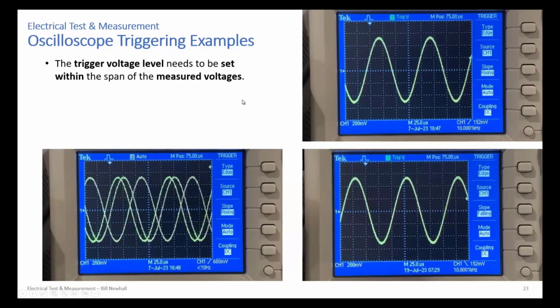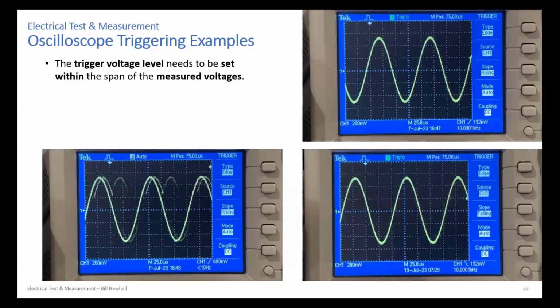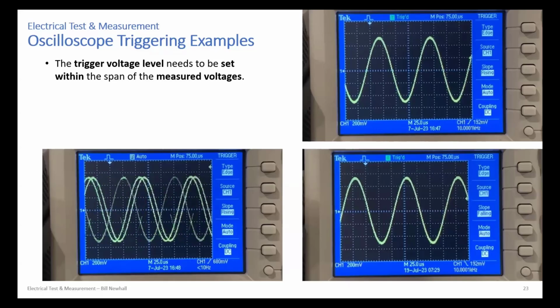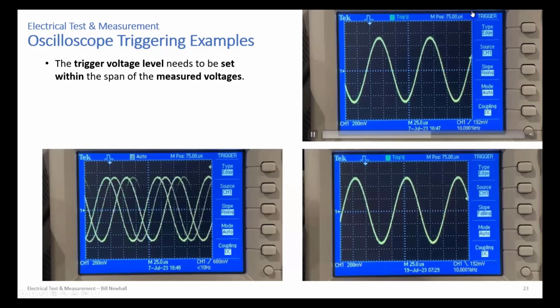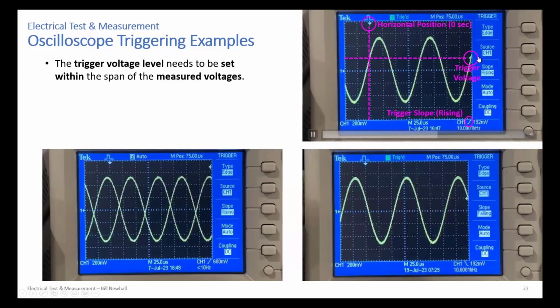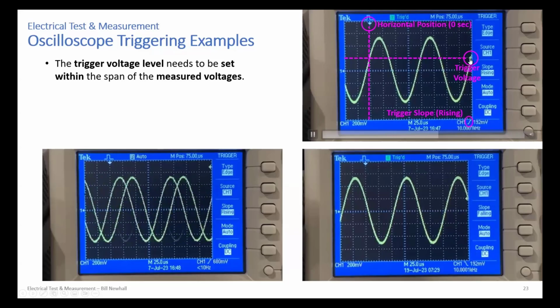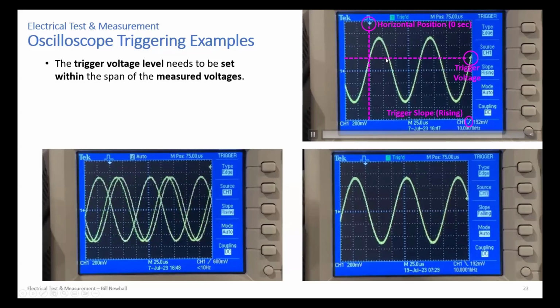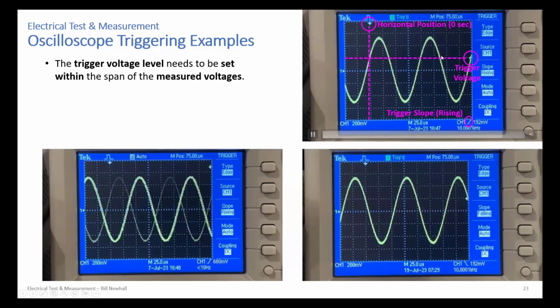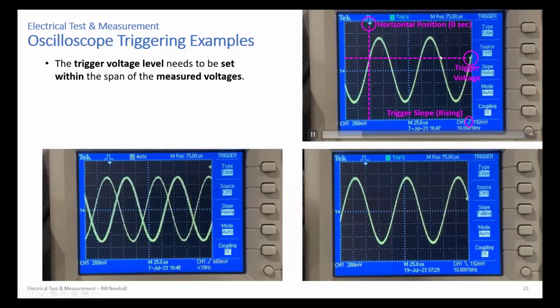Okay, so the trigger voltage needs to be set within the span of a measured voltage. Looking up here in the upper right, I have the trigger voltage set to right where this arrow is here. This is a different oscilloscope. This is not the one you have in lab. But you can see that the trigger voltage is indicated by this arrow on the right.